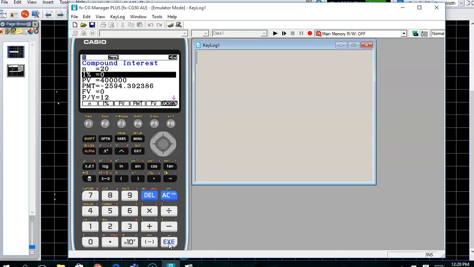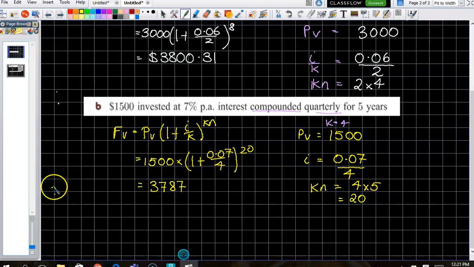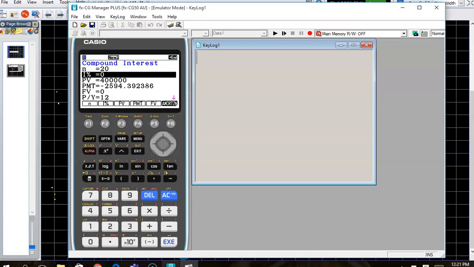This is where your calculators are good in one aspect and a little bit confusing in the other. Where we did it by hand and you had to do all of this dividing palaver, we don't have to bother. You just have to put in your interest, just 7. That's it. The percent will automatically divide it by 100 for you. So we just put our percentage there.